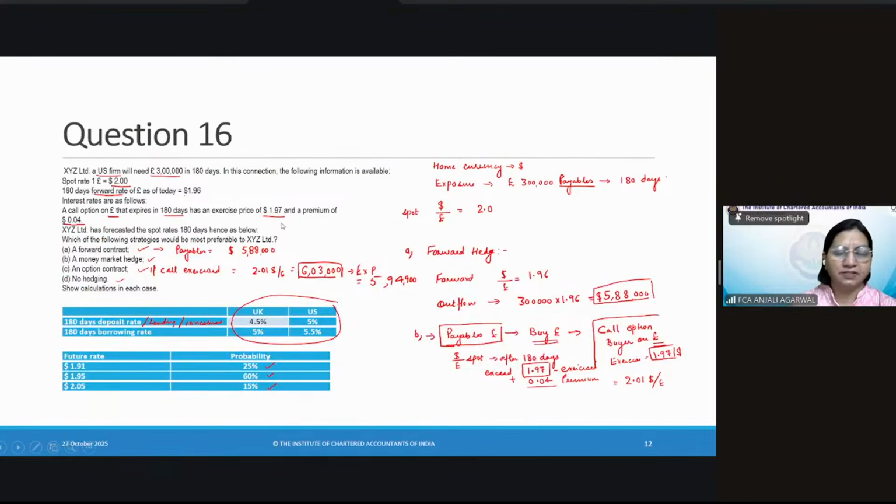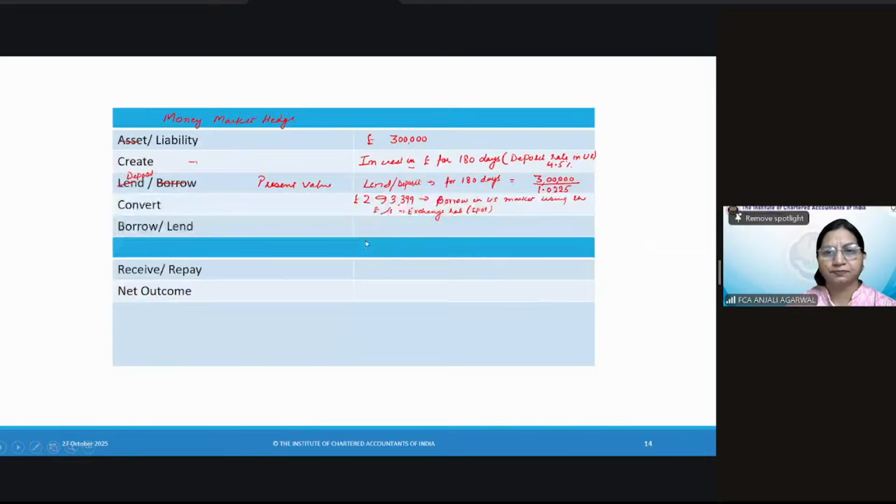What is the current exchange rate? £1 is available for $2. Dollar by pound ask. Ask is not given as such. One rate is given. Current exchange rate is 2. So 293,399 into 2. You will need to borrow dollars 586,798.